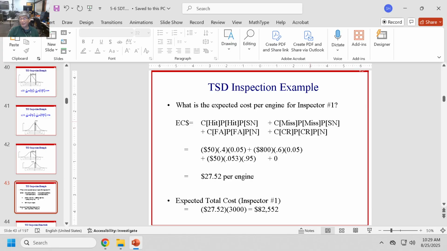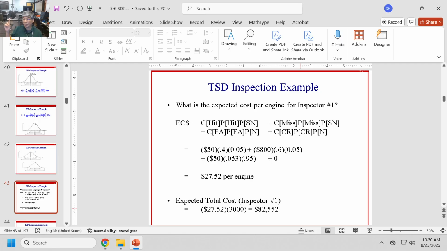Something is wrong, but I miss it: the probability of I miss, then there's a price. And similarly, there's a noise term. Here we have a price, and since we're doing 3,000, the inspector 1's expected cost is 2552.